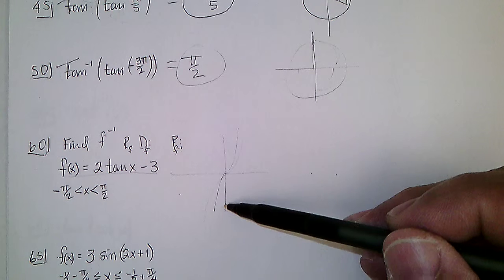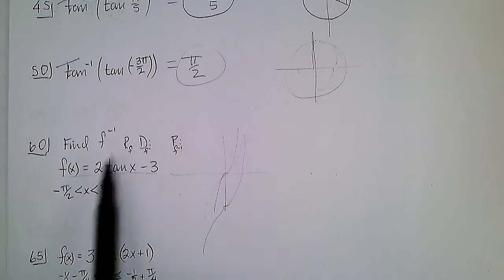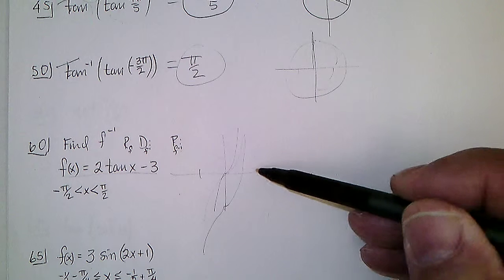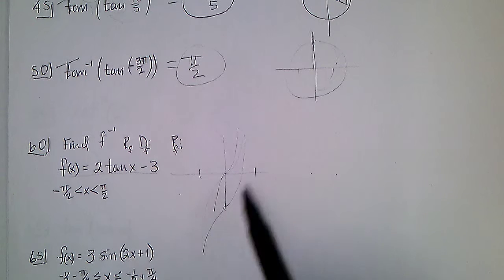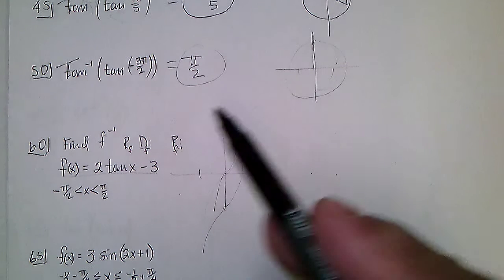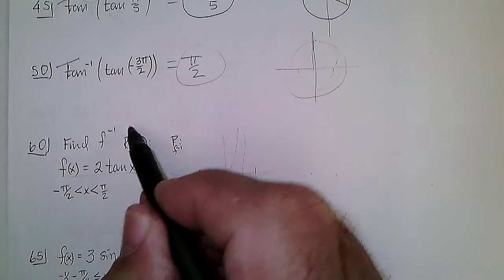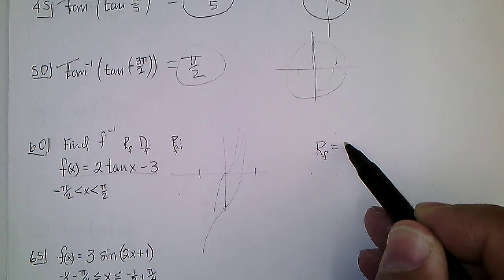And if we take it down 3, it still looks something like that. And we're going from minus pi over 2 to pi over 2, which is that one there. So what is the range of this function? Well, it goes from -infinity to infinity. So the range of f is all reals.